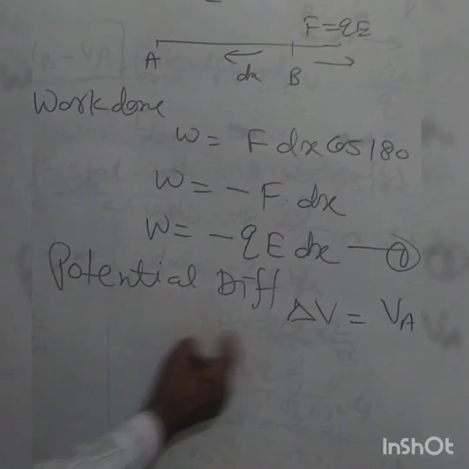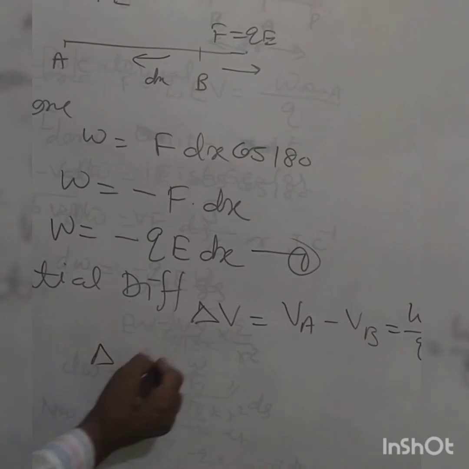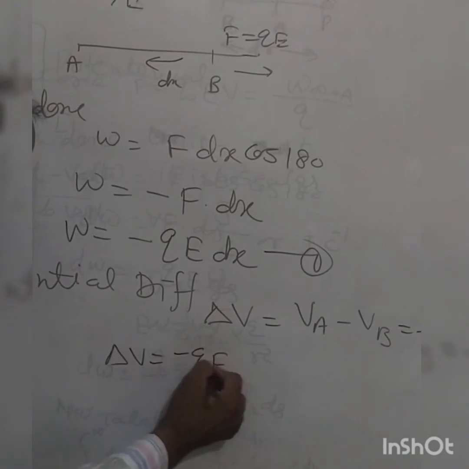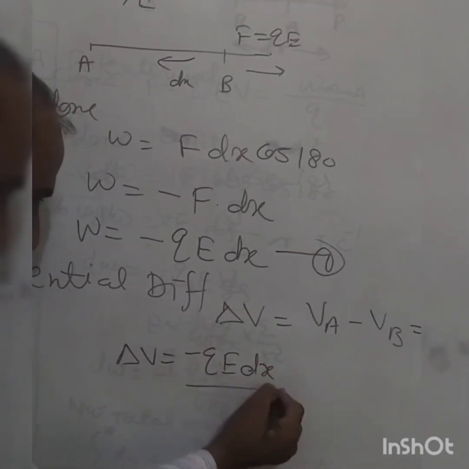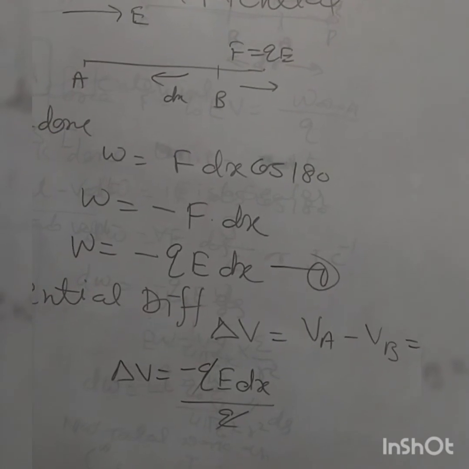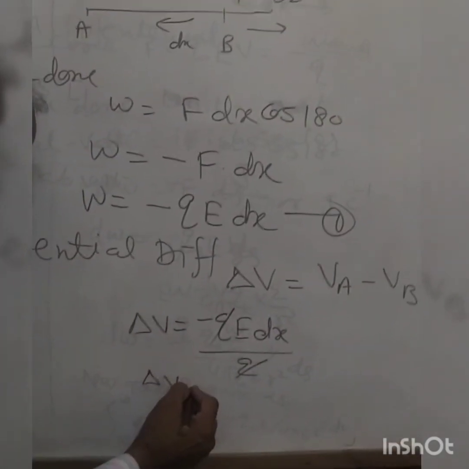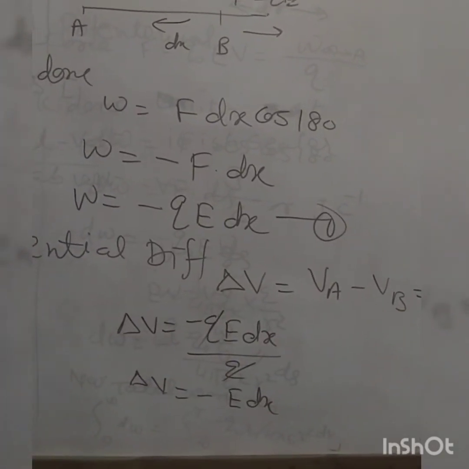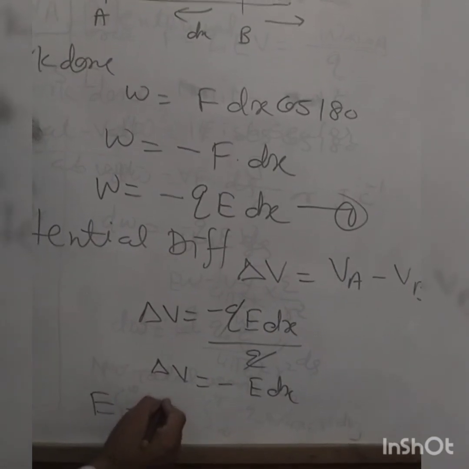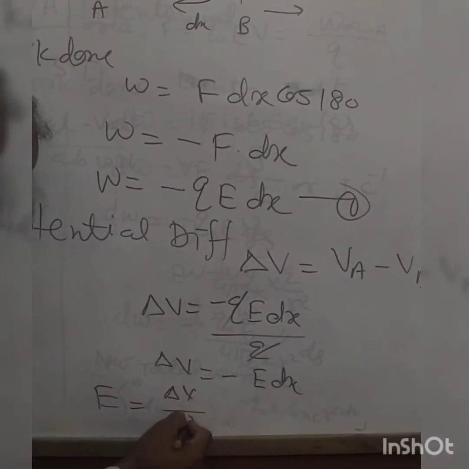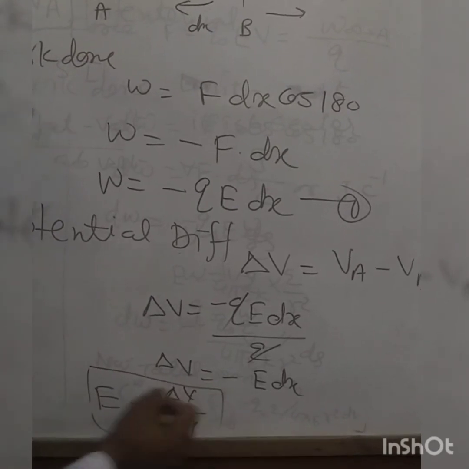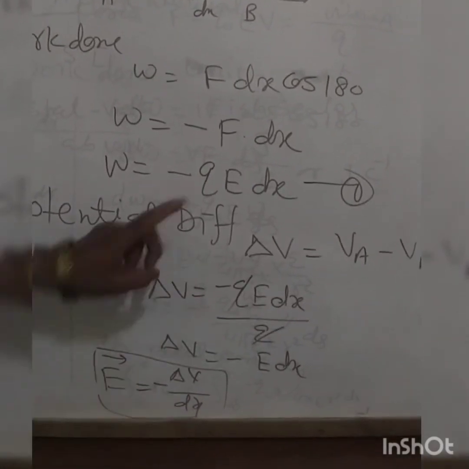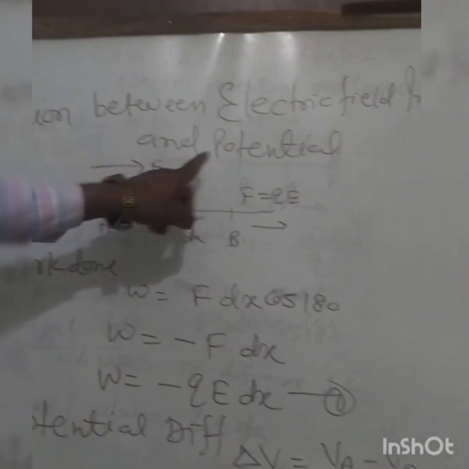So putting the value, del V is equal to work, which is minus qE dx, upon q. q cancels, so del V is equal to minus E into dx, or I can say E is equal to dV upon dx, and this minus I can multiply here. So the intensity E is equal to minus dV upon dx, which is the relation between the electric field intensity and potential.